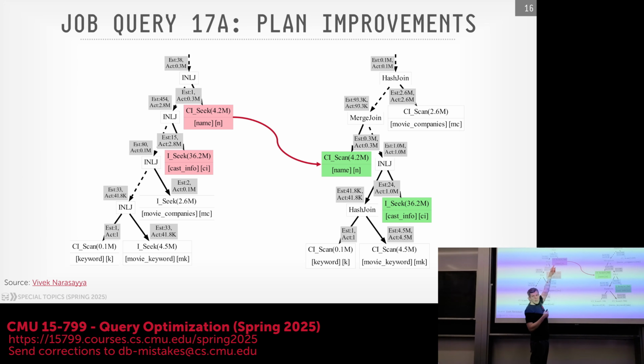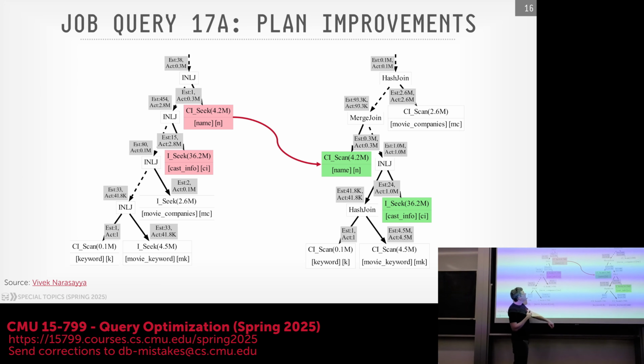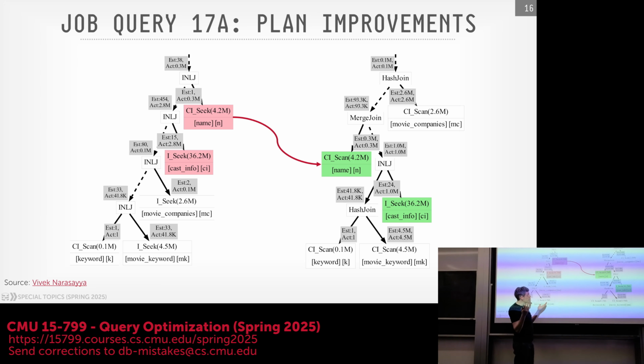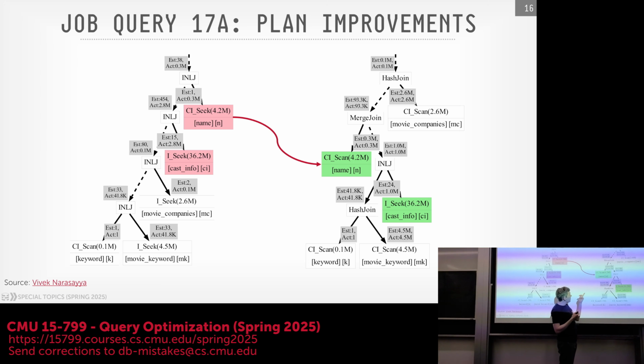CI is clustered index on this table here, and this has now changed to a clustered index scan. If you look above, the cardinality estimate told us we were going to get 1 tuple out of this. In actuality, we got 300,000. So now with those accurate statistics, it recognizes that it doesn't want to do an index probe because it's not going to get 1 tuple.